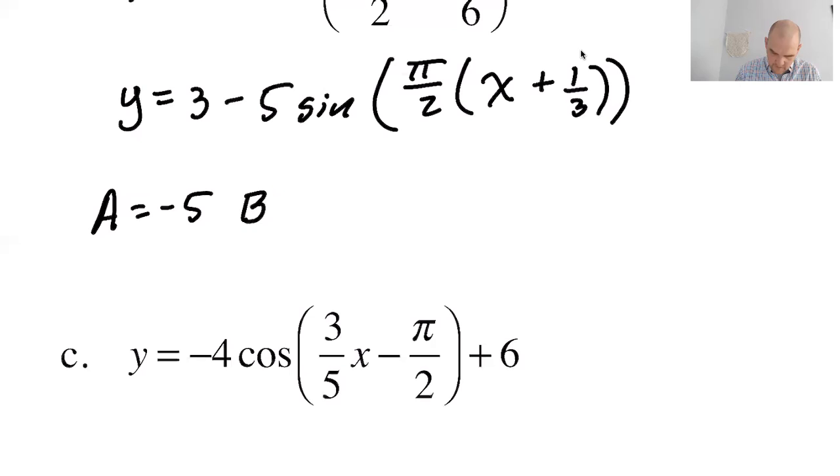B is pi over 2, which tells me that the period is 2 pi divided by B. 2 pi divided by pi over 2 is 4. So the period of this function is 4, which is a little weird because there's no pi in there. But honestly, in the real world, most functions don't have a period that involves pi. A day is 24 hours, a year is 365 days.